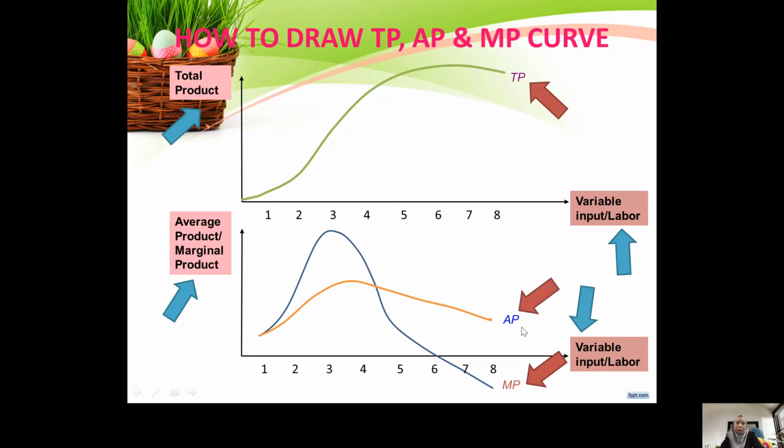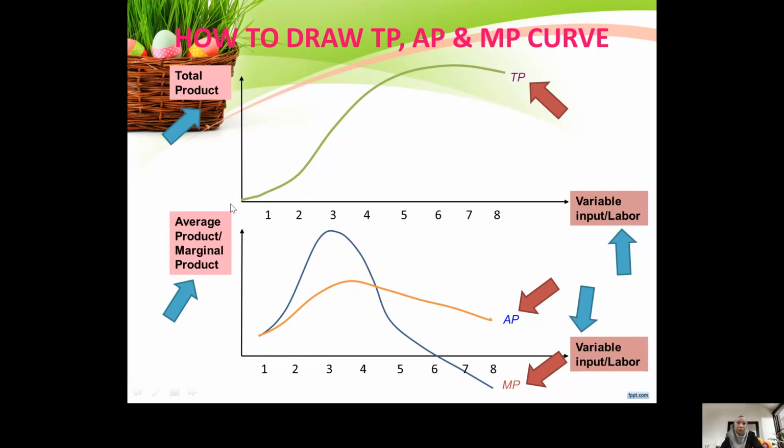The average product curve, just write as the AP curve. Please bear in mind that the AP and MP curves start not from 0, but from level 1, because the changes and the average start from the value of 1 level, not from the 0 level. But it differs from the TP curve.